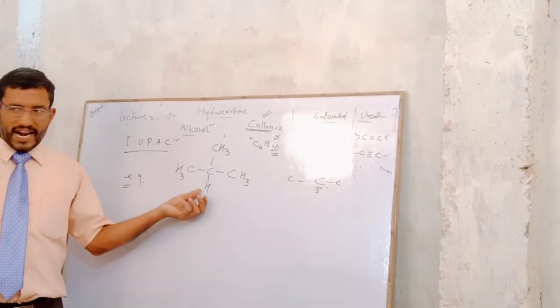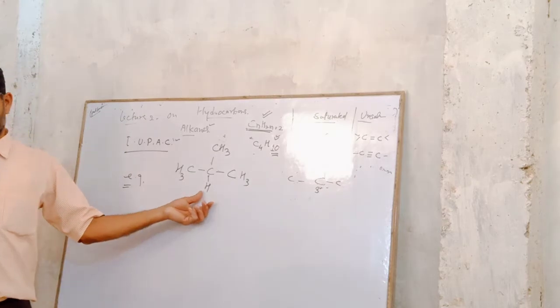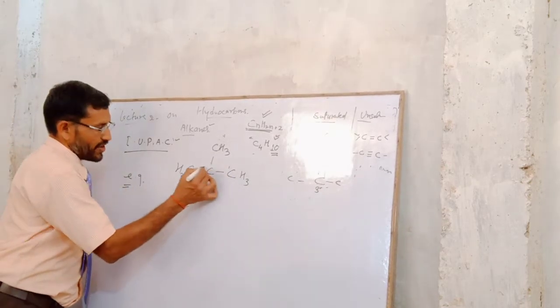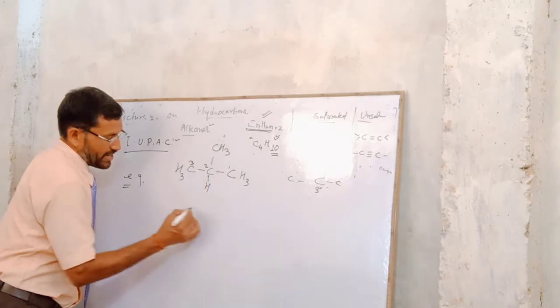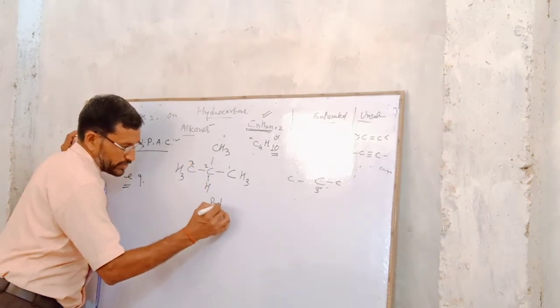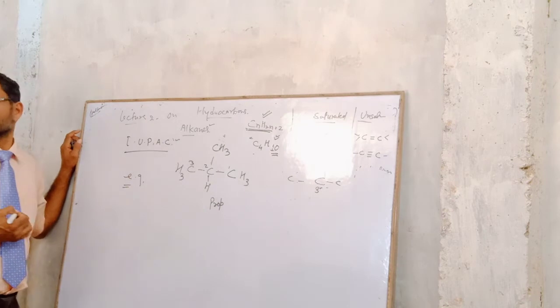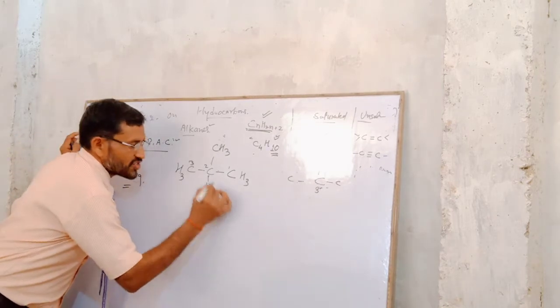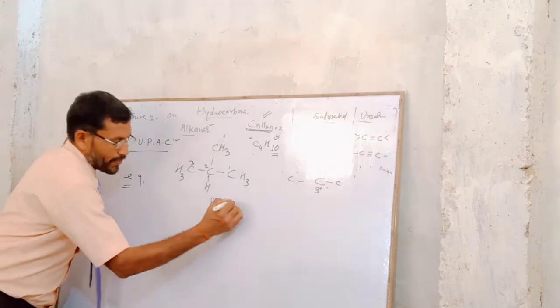So hydrogen has no meaning for the numbering of carbon. So here 1, 2 and 3 carbon atoms are called what? Prop, isn't it? 3 carbon atoms are called prop, plus this is the one, propane.